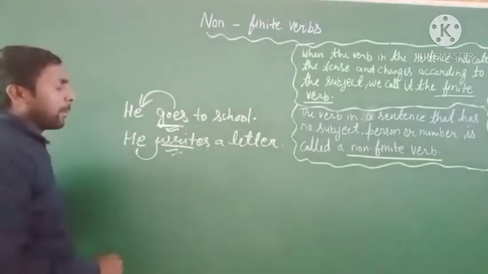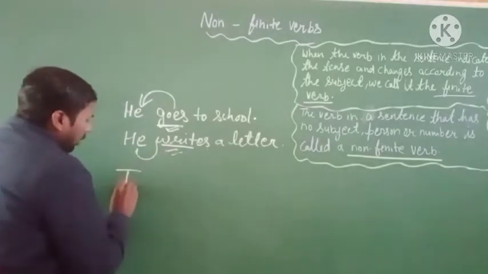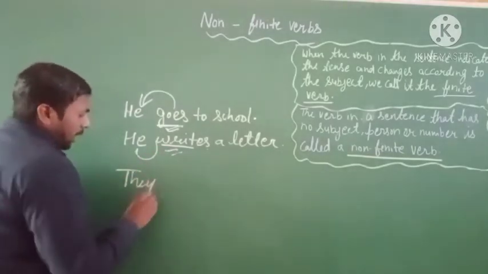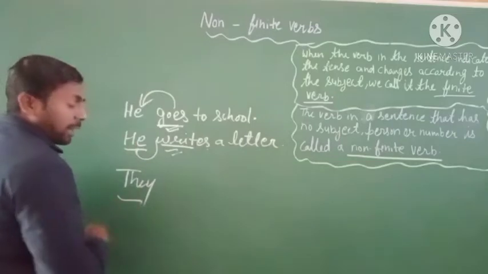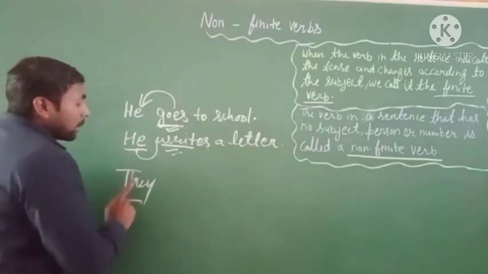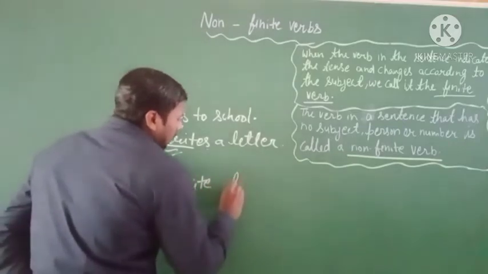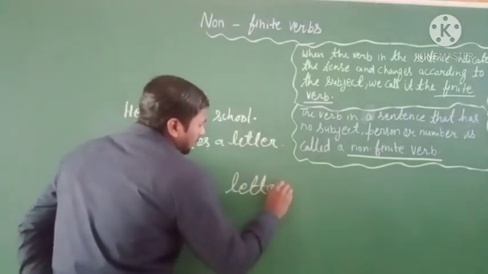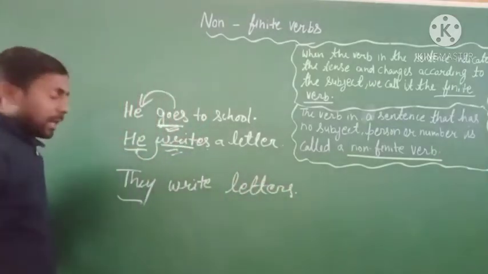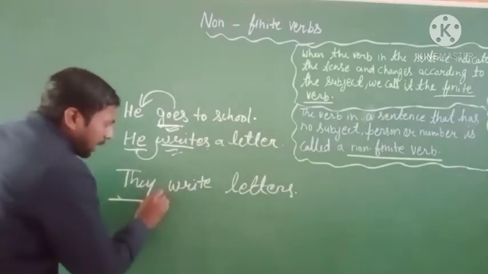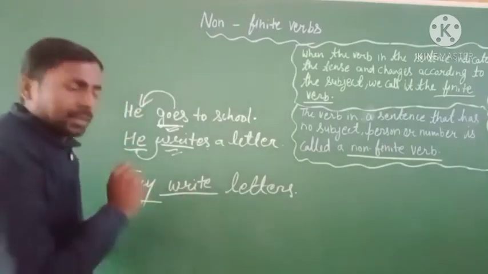I give another example that you can see here: they write letters. Here is the he and here is the they, both are subjects. So in this sentence you can see here is they, but it has not used writes.